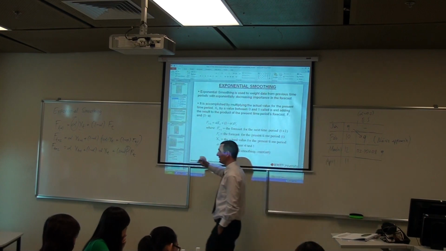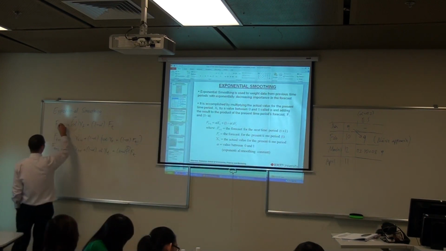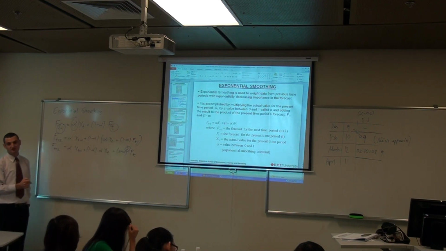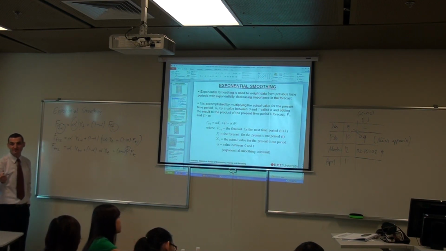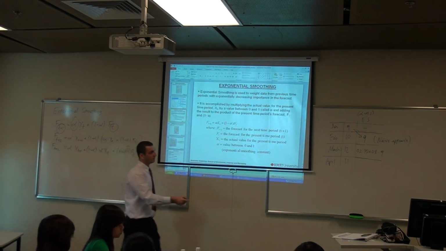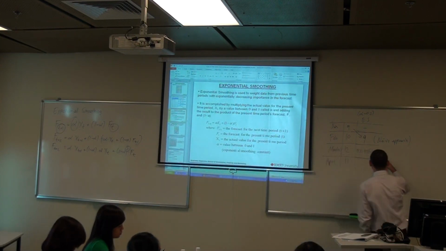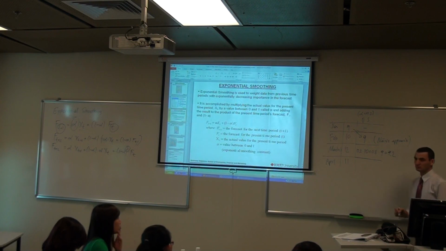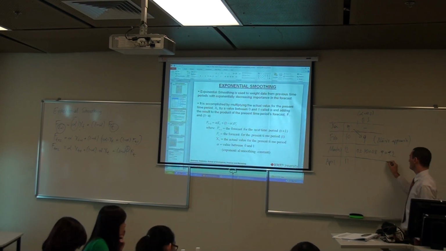Be careful here: F of t plus 1 depends on F of t. So you need the forecast of the previous time to forecast the next one. Okay, what's the answer here? 7.2 plus 2, 9.2.